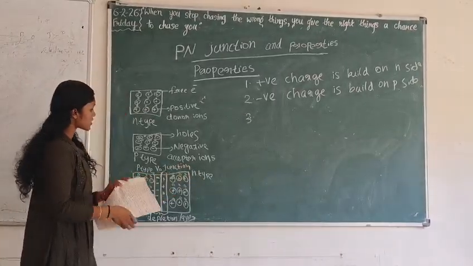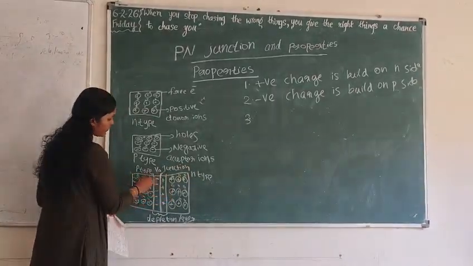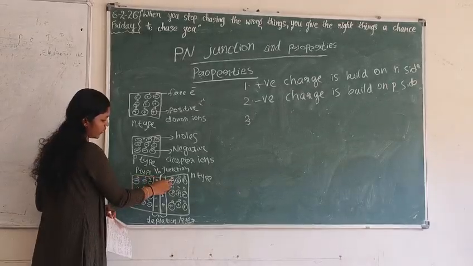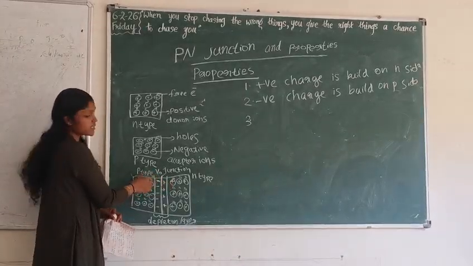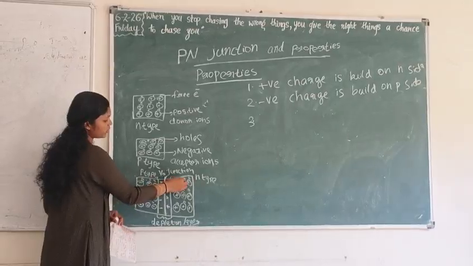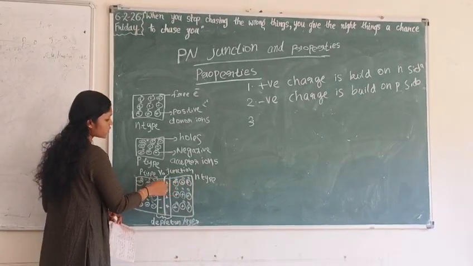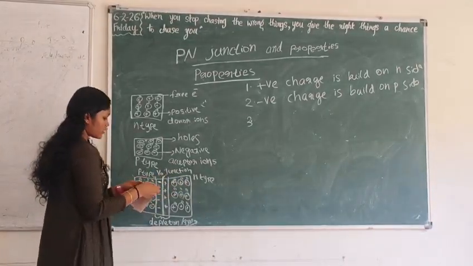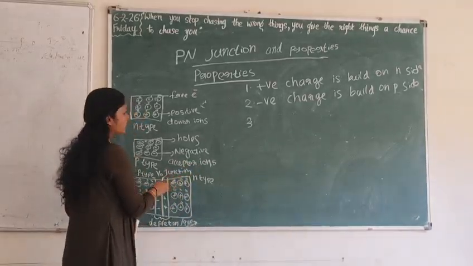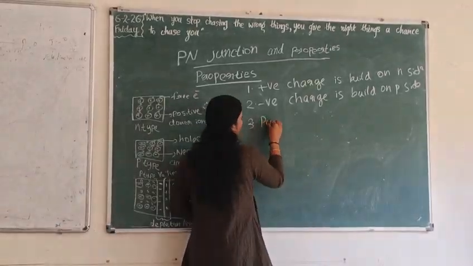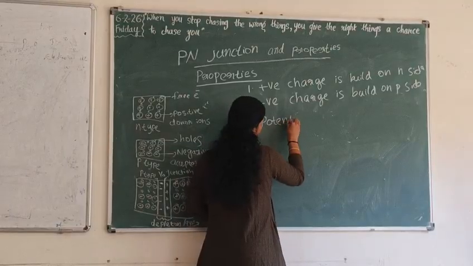The positive charge on the N side repels the holes from the P side to the N side, and the negative charge on the P side repels the free electrons from the N side to the P side. So a barrier is created. The barrier is known as the potential barrier or junction barrier.